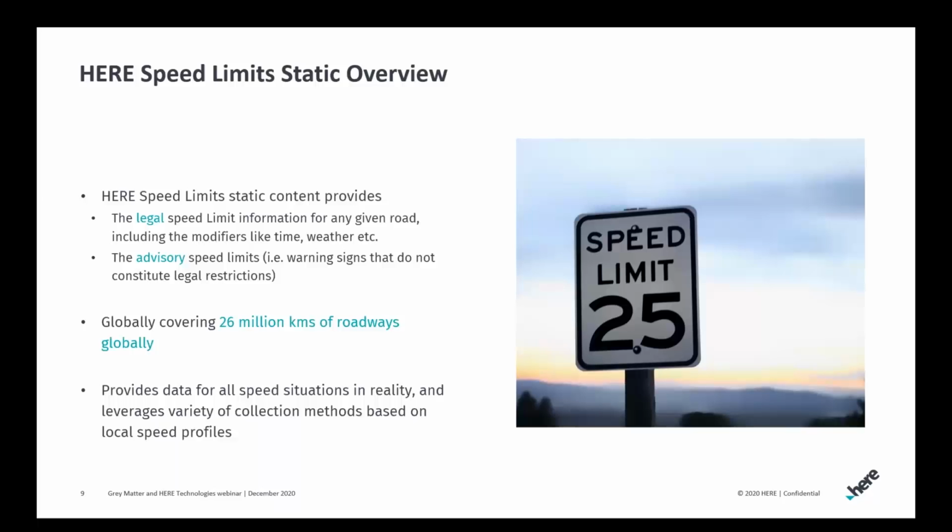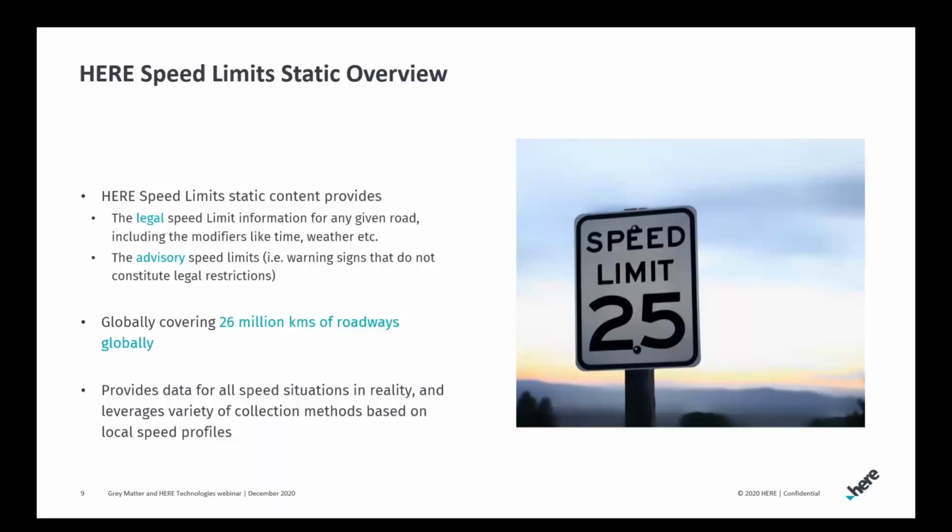All that type of information is present in our map data next to advisory speed limits. There are also advisory speed limits signposted in certain cases, or in some countries they are part of the country law, which are then represented in our map data to ensure that this can be used for different means.